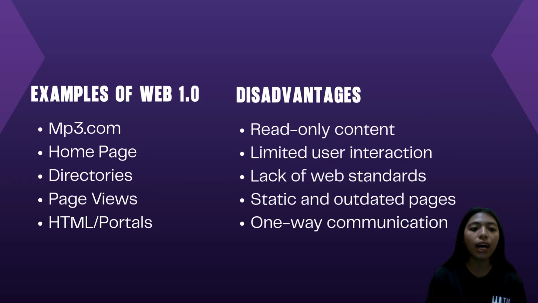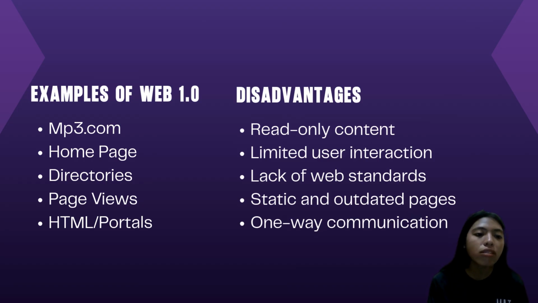It allowed users to listen to or download music tracks, but they couldn't upload or share their own. So this is a good example of how Web 1.0 worked. Users were just consumers of content, not contributors. All the music and information were controlled by the website owners, showing the one-way nature of Web 1.0.